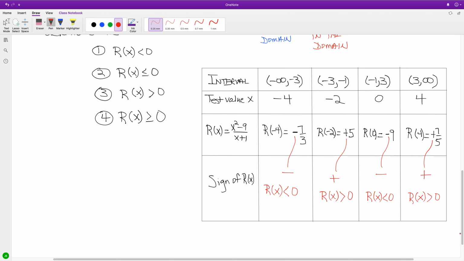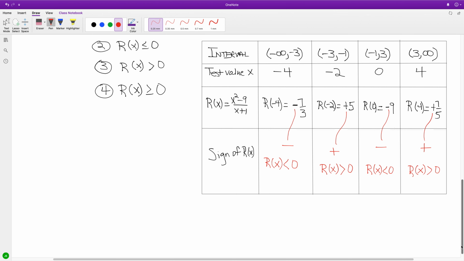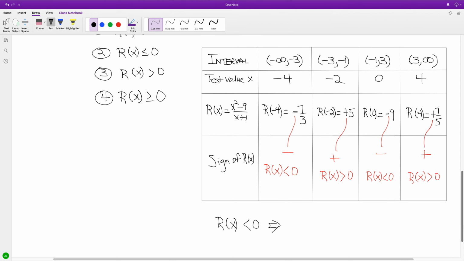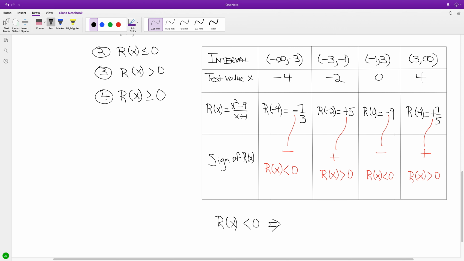Okay, and so for our inequality solutions, where we have R of x less than 0, the solution is those values of x that are less than -3.